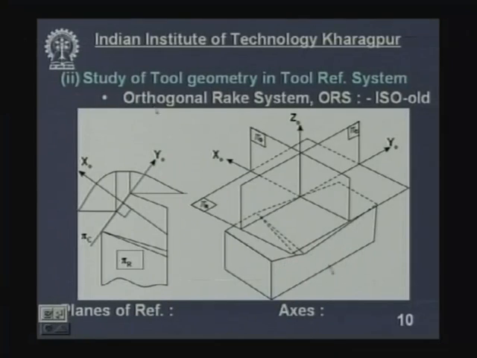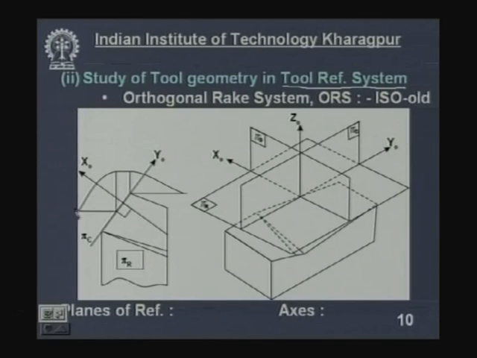Now, come to tool reference system, study of tool geometry in tool reference system. Here the configuration of the cutting tool is taken as a reference, not the machine tool. Again, the tool reference system is classified into two types: orthogonal rake system, symbolized ORS, orthogonal system. This is also called ISO old, International Standards Organization old technique, and there is another new technique which crept in later on.